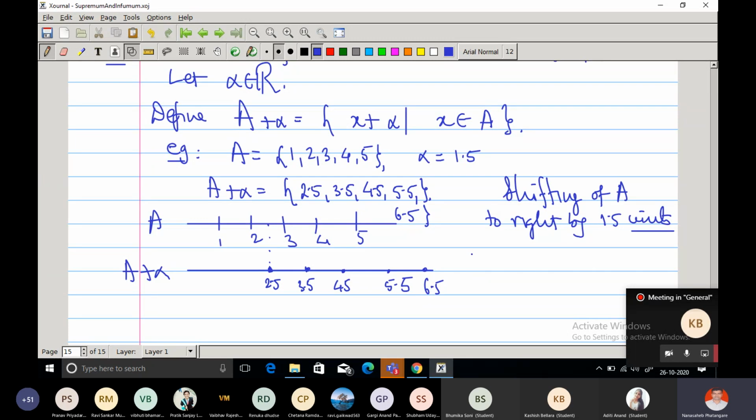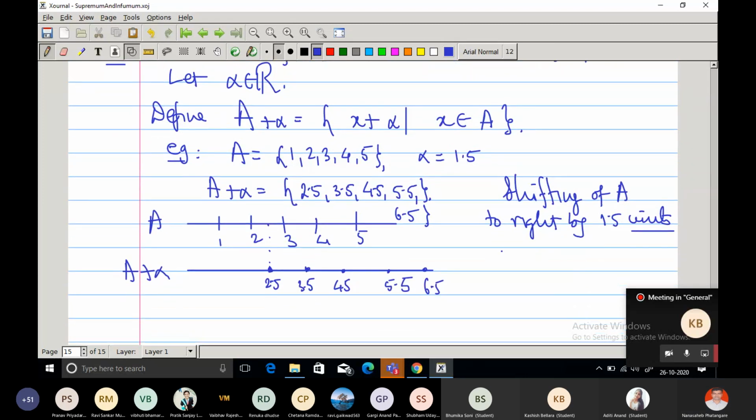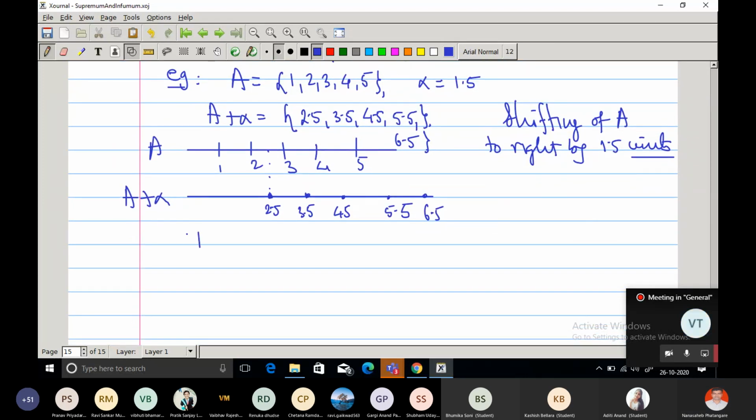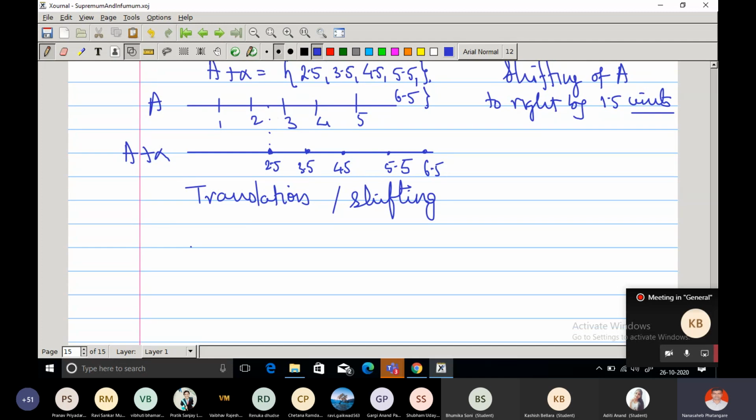If alpha is negative, suppose alpha is minus 1, then it shifts to the left side. So this is a translation of the set, or shifting. Then the question is, what is the relation between?